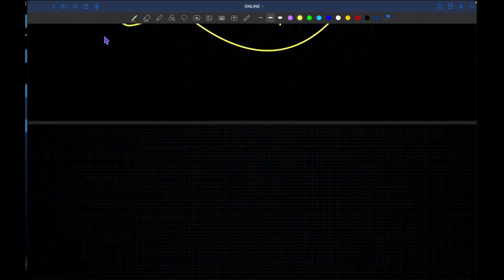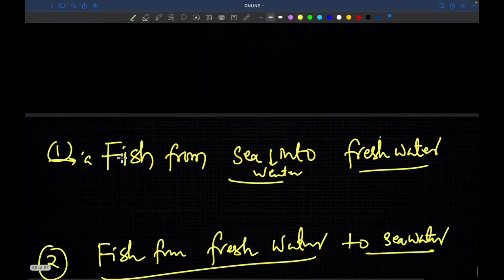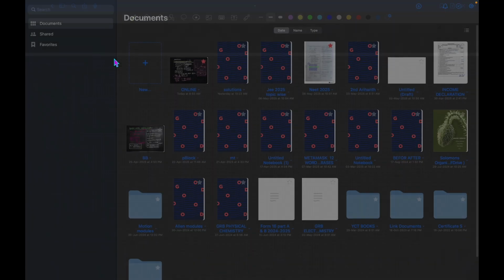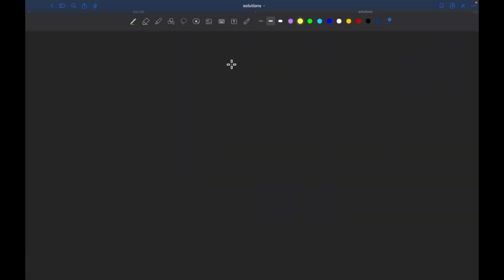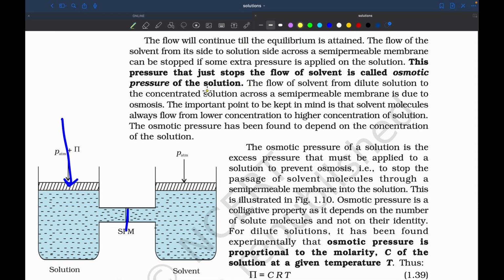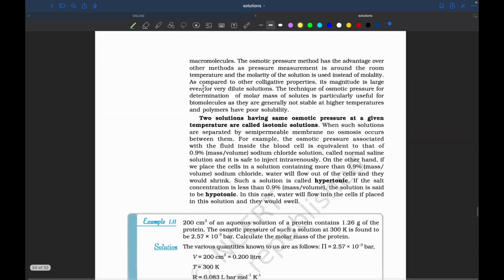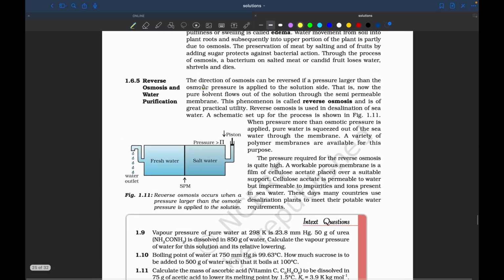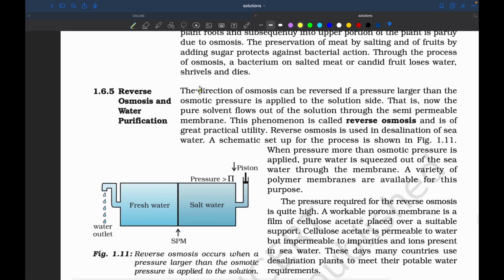Osmosis, hypertonic and the osmosis process. Okay. So we'll go to our NCERT and check what is given here. Right? Examples are given here. This is the osmosis process, and we have to talk about reverse osmosis.